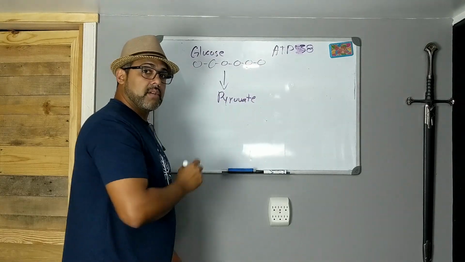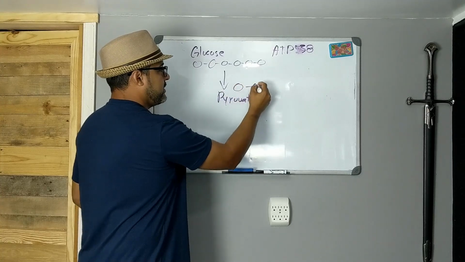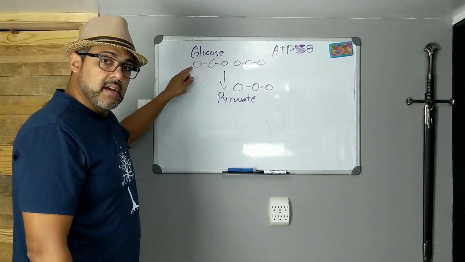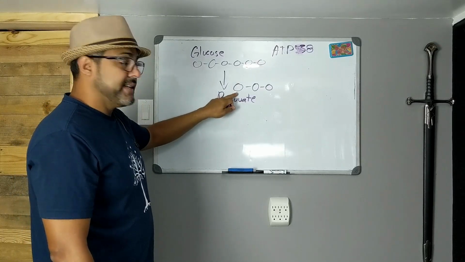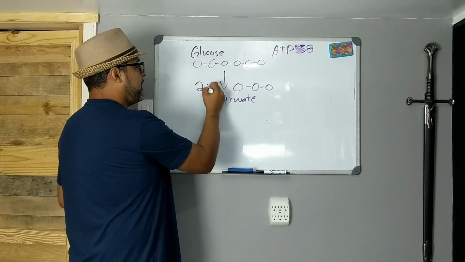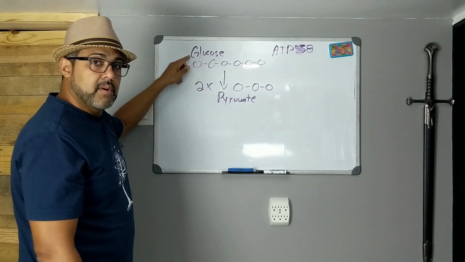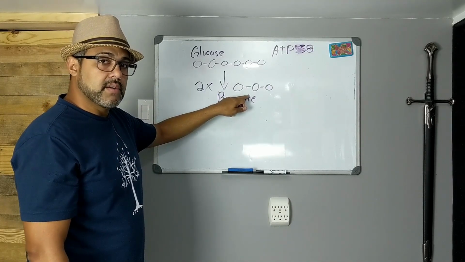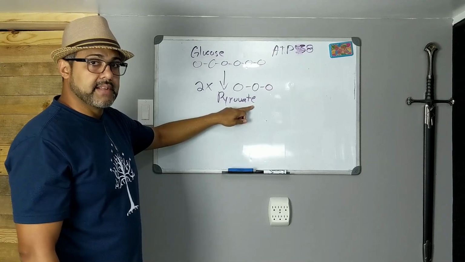Pyruvate is a molecule of 3 carbons: 1, 2, 3. So in other words, from this 6-carbon molecule, we get these 3-carbon molecules. And we actually get 2 of those. So every time we get this molecule of glucose, we get 2 of these 3-carbon molecules, and this is called pyruvate.